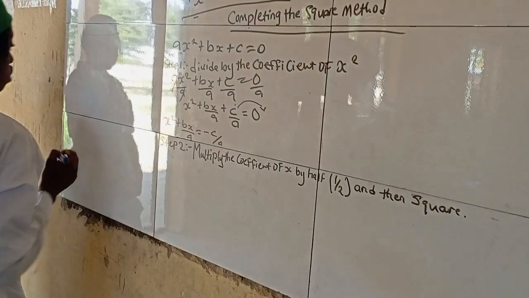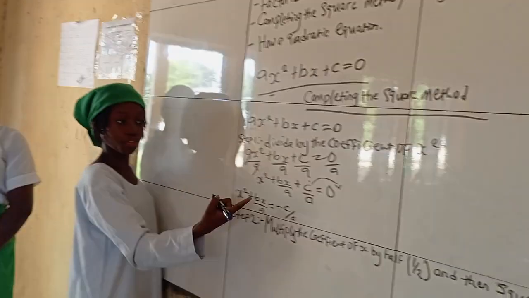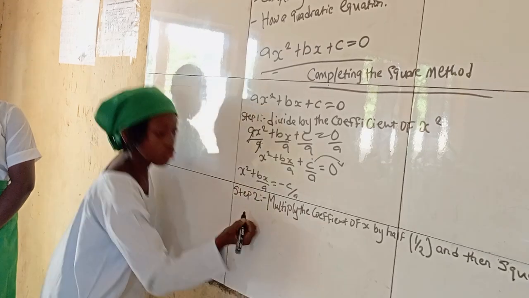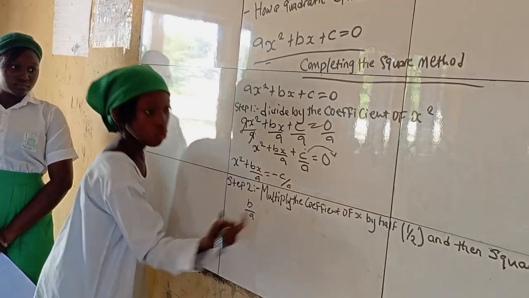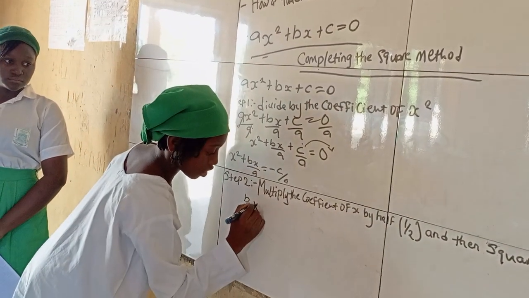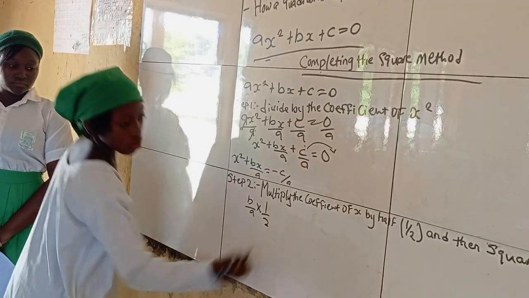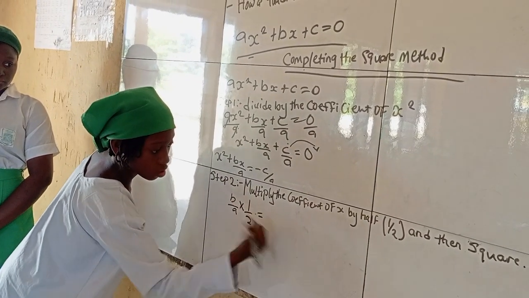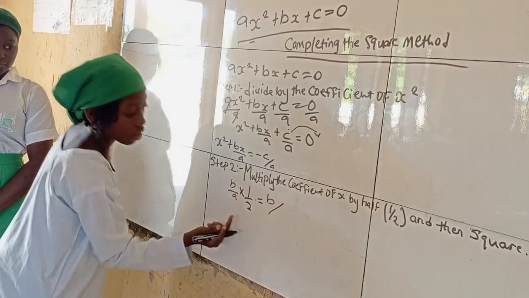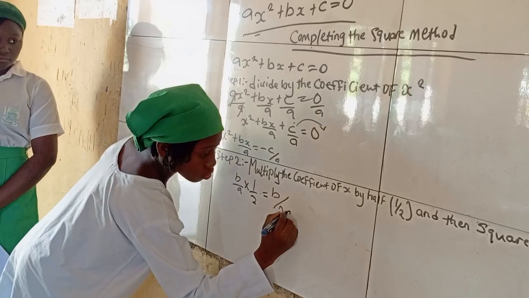What this means is that here the coefficient of x is b over a. We multiply it by half, 1 over 2. We are left with b all over 2 times a, 2a.